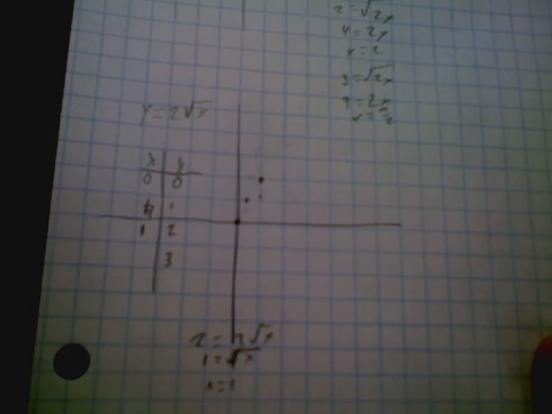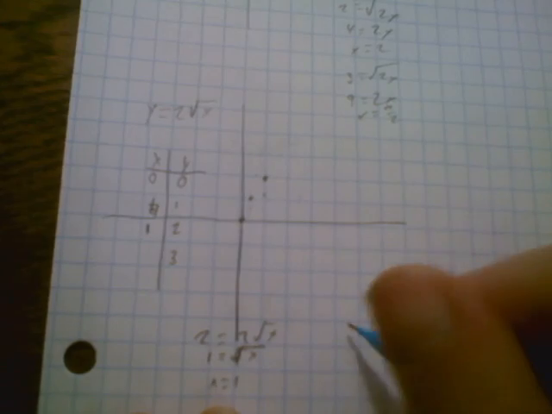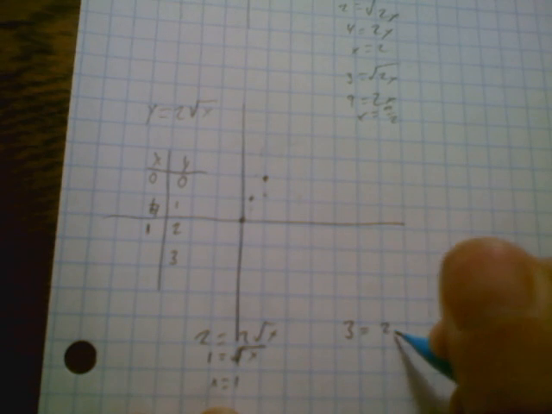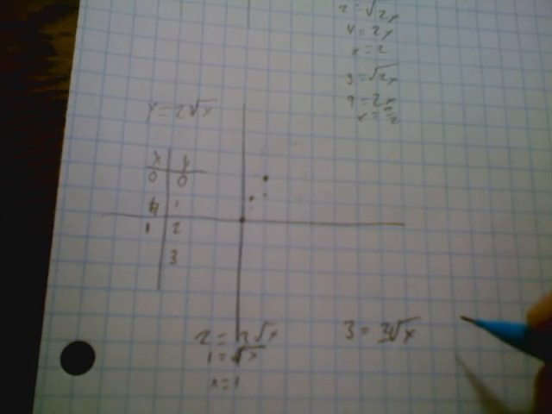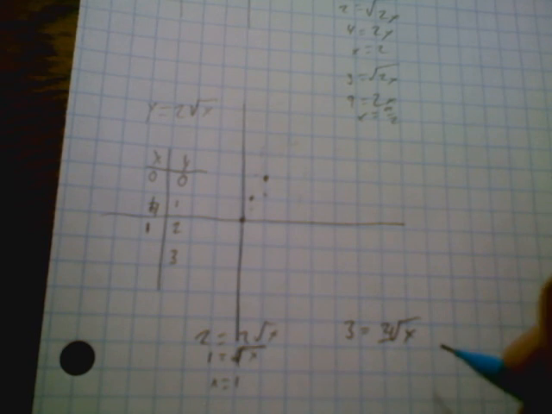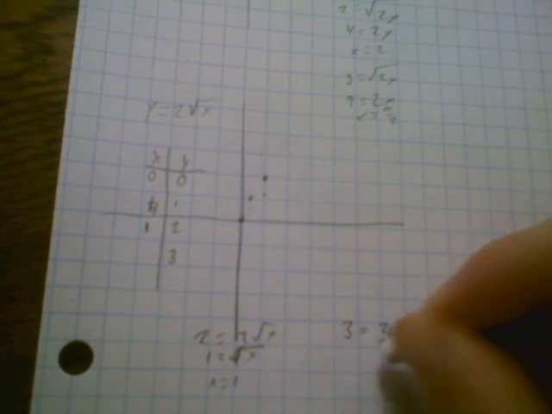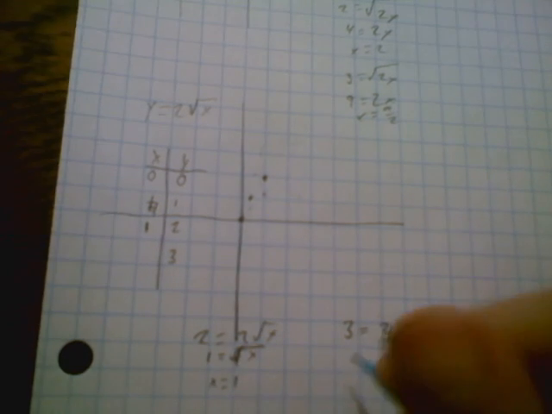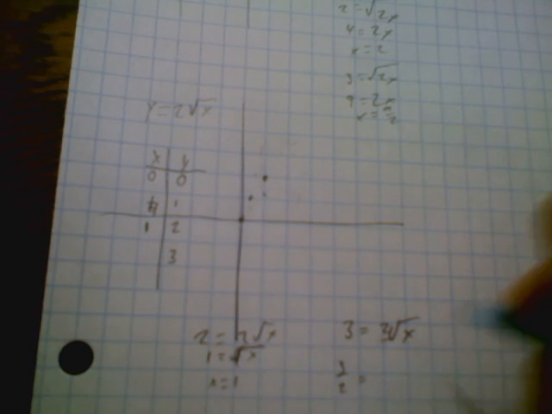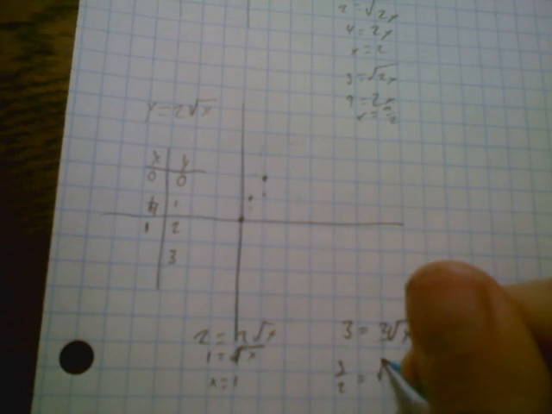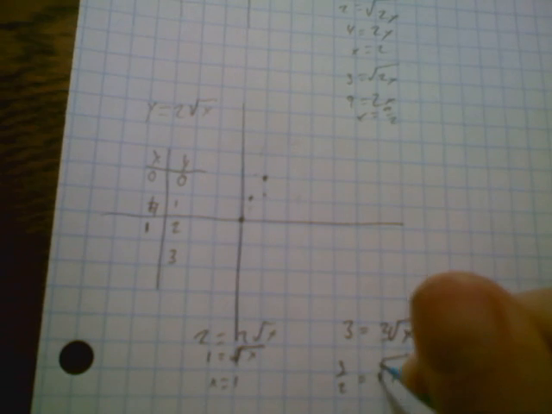And the last one I'm going to do is 3 equals 2 times square root of x. Then we can say, 3/2 equals square root of x, square both sides.